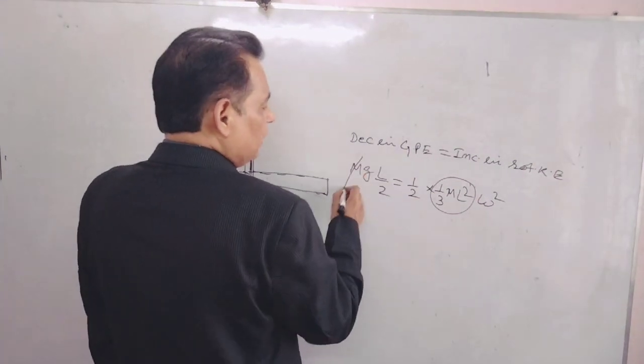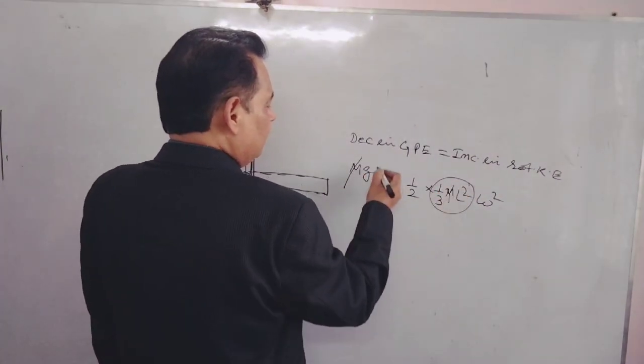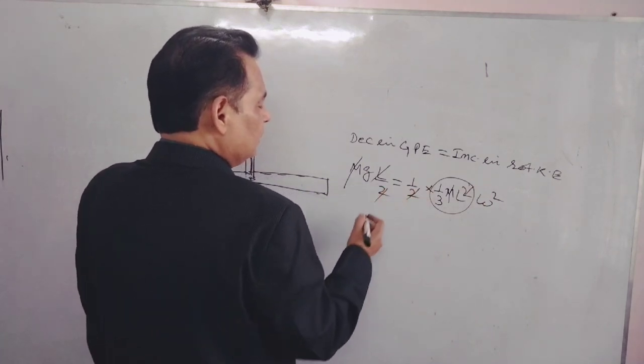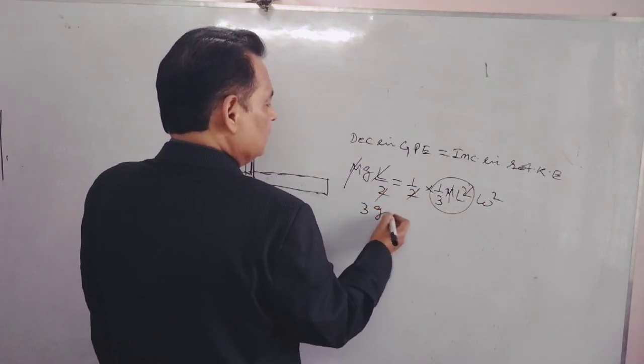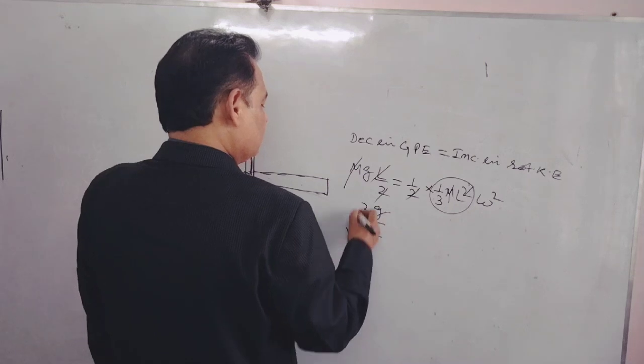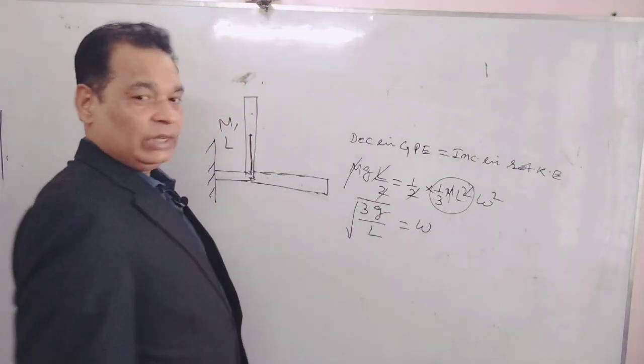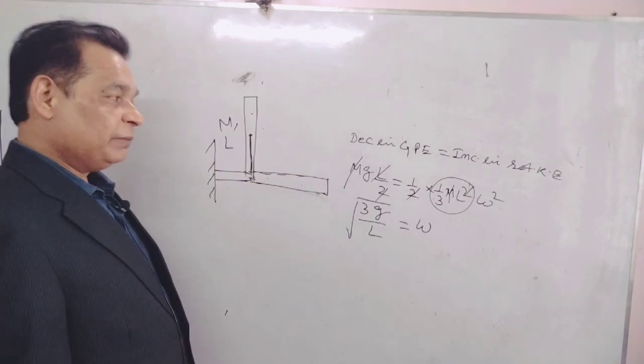We can find out omega. M cancels, one of the L is cancelled, 2 is cancelled, and omega is the square root of 3g by L.